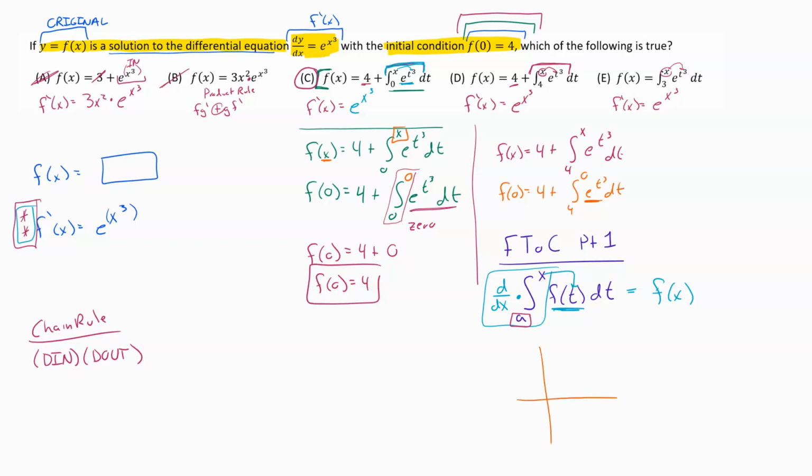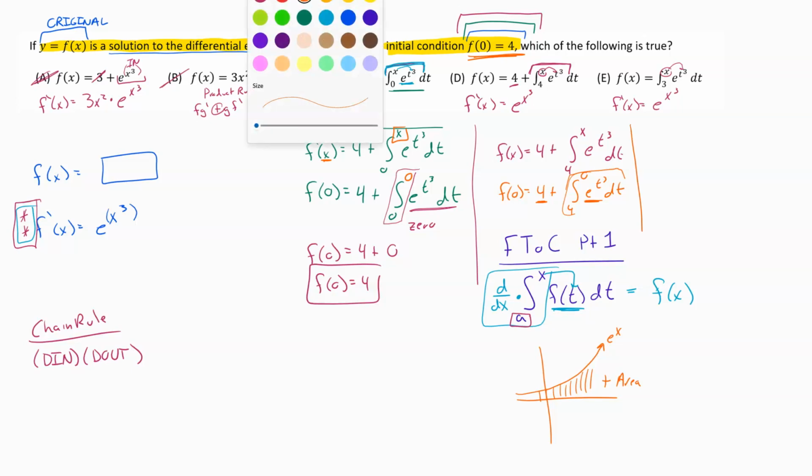Whenever you're graphing an e to the x function, it's always above the x-axis, so no matter what, it's always going to have some positive area. And that's what an integral is always doing. It's the area between the curve and the x-axis. So this would be 4, and then I'd be adding to it, or I'd have to switch the bounds here, or subtracting from it a number, and as soon as I change it from being a 4, it no longer matches what my initial condition needed to be.